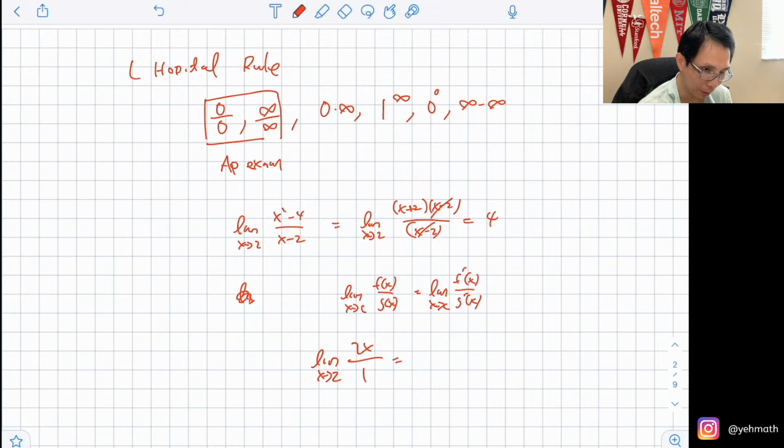And if I plug in 2, it's still going to give me 4. The same result, but much easier work. And you can apply L'Hopital's rule more than once. You can apply it twice, 3 times, if you keep on getting 0 over 0, or infinity over infinity. So tomorrow we're going to talk about the details of that.